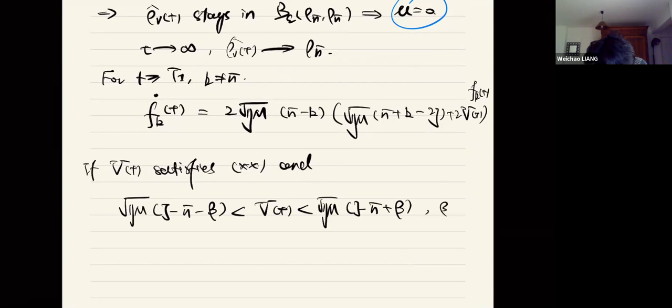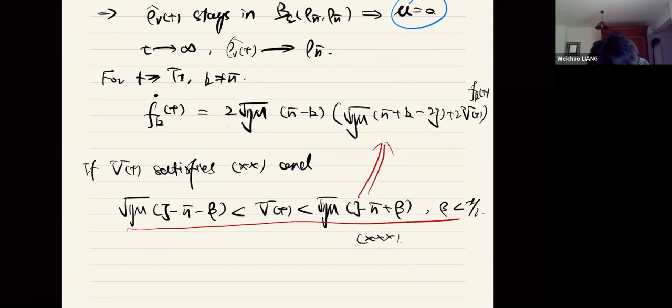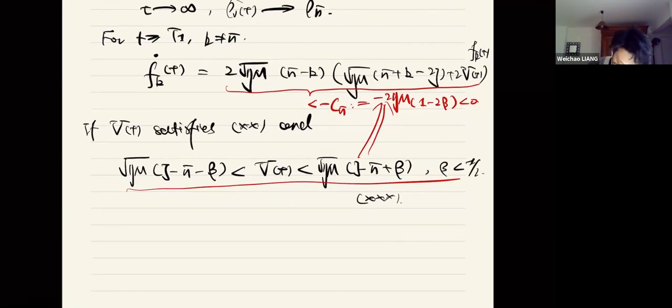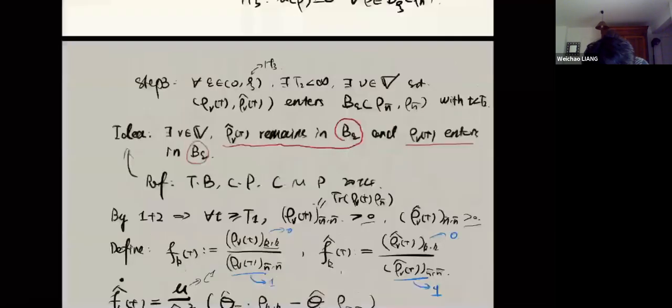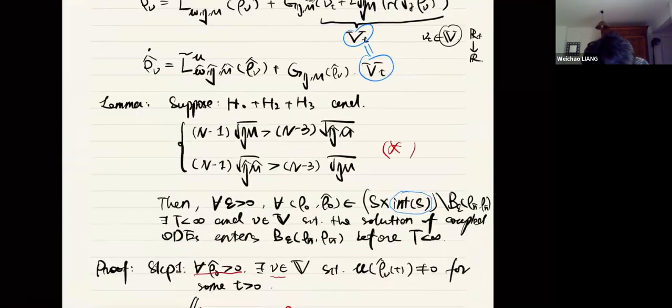for some constant beta smaller than 1/2. I call that the 3 star, and the 3 star can show that this part is bounded by a Cn bar, the positive constant, the negative constant R beta strictly negative. And the star and 2 star can be guaranteed by the inequality star.